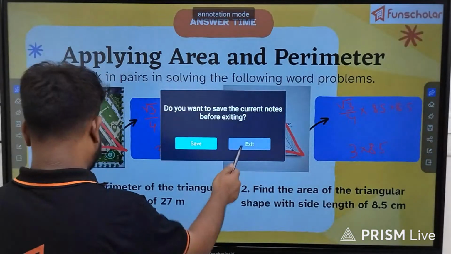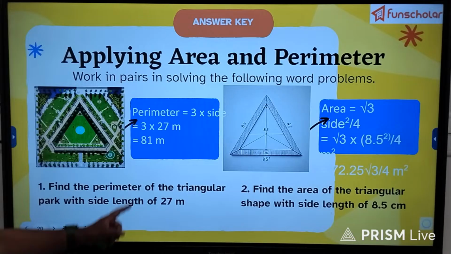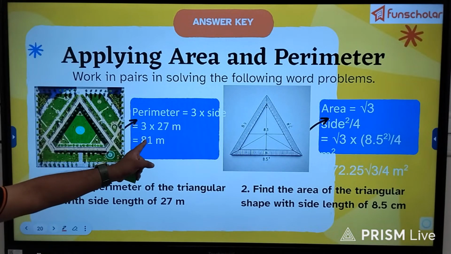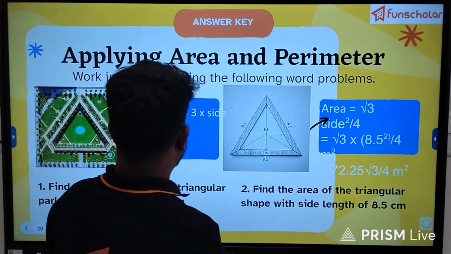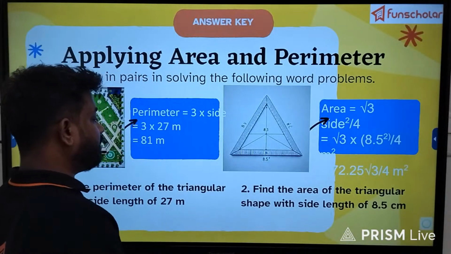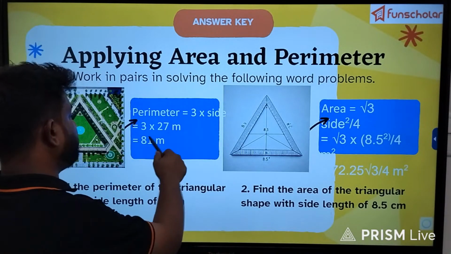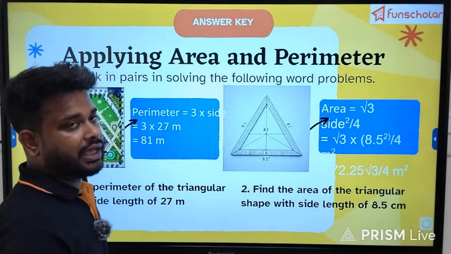Okay, let's go next. The first one will be perimeter, that is 3 into side, that is 81, and for this case area. It's being told that for the first case it's only the perimeter, and for the second case it's the area.